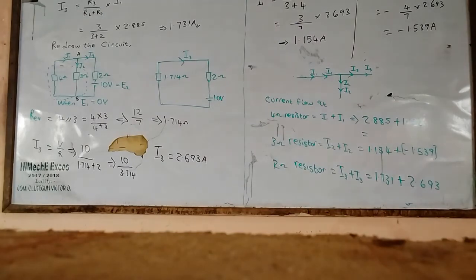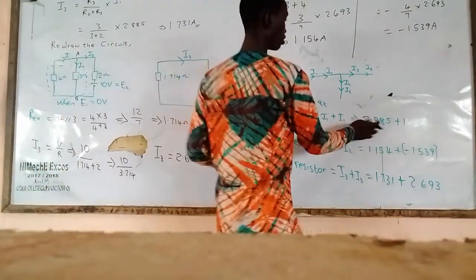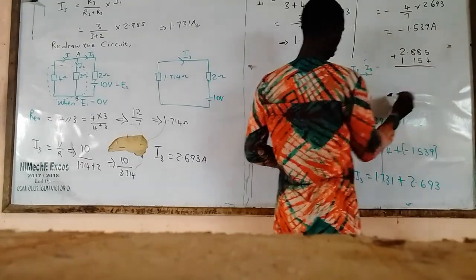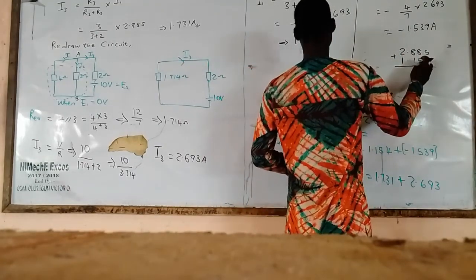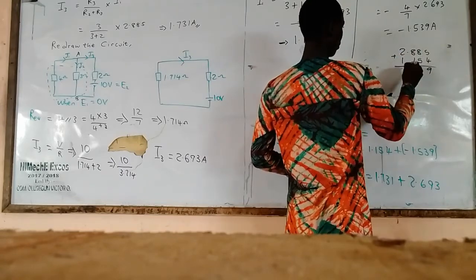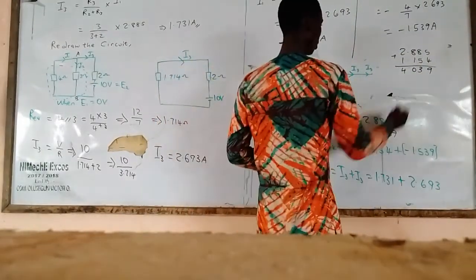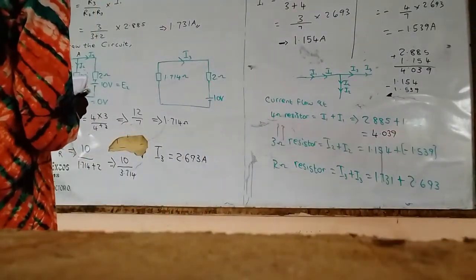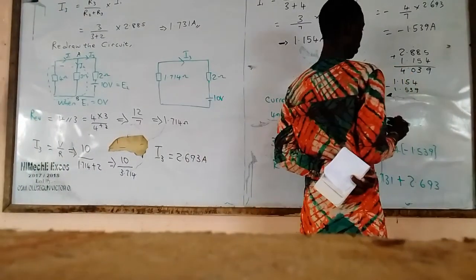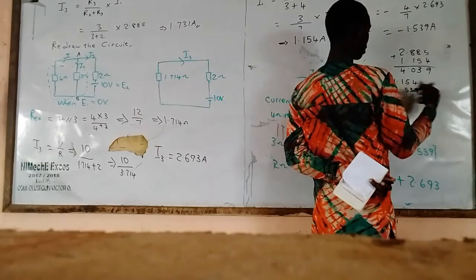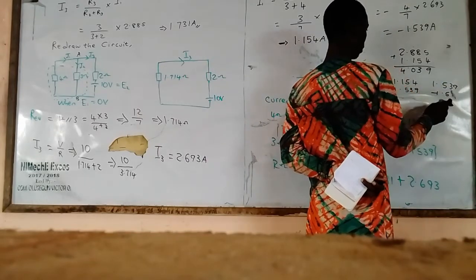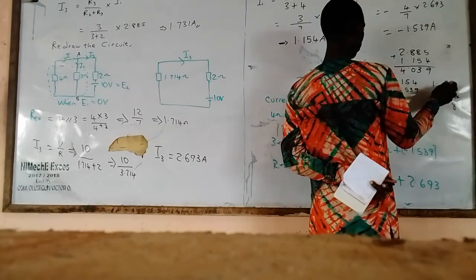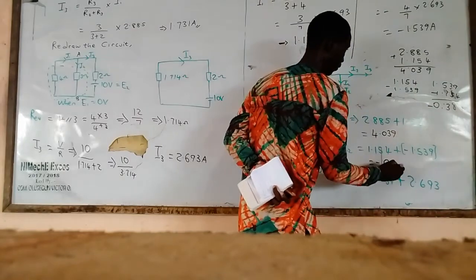Now we have 2.885 plus 1.154, which together gives 4.039. Then 1.154 minus 1.539 gives minus 0.385.